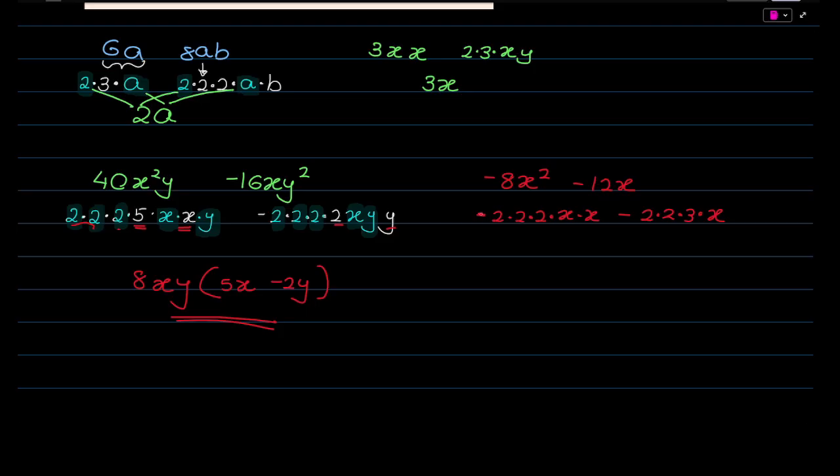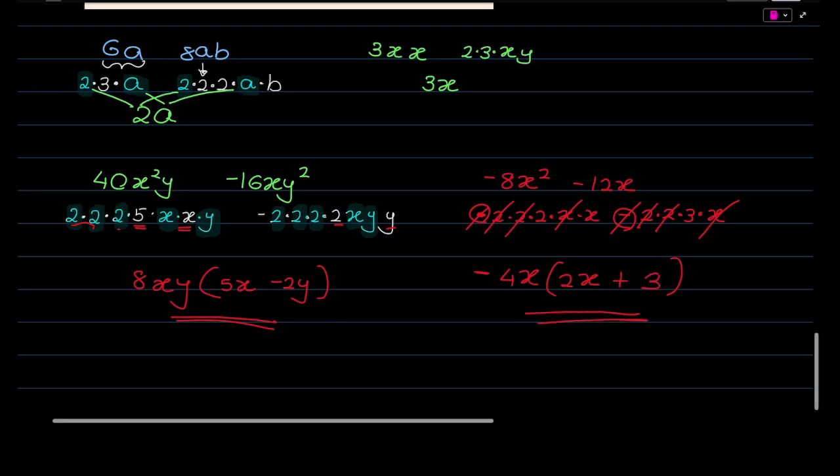You can see negative here, negative here. You can take a negative 4x out. Once you take a negative out, both of these negatives will become positive. So 4x from here goes out, 4x from here goes out, and the negative also goes out. So you are left with 2x plus 3.